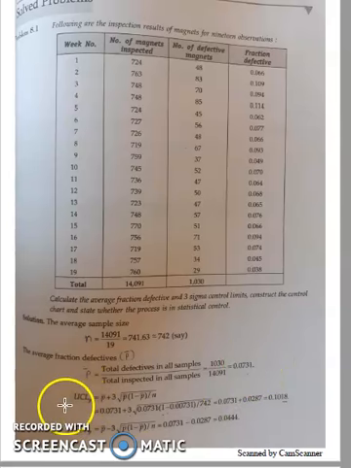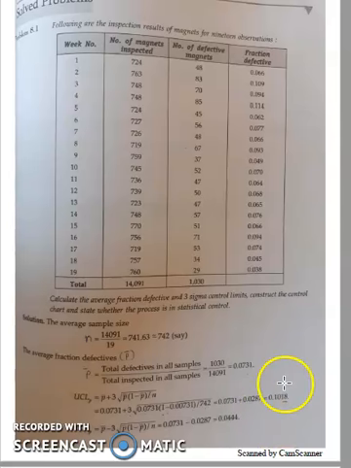Okay, after that, the upper control limit is equal to P bar plus 3 into standard deviation, 3 sigma, or P bar plus 3 under root of P bar into bracket 1 minus P bar divided by small n. Small n is the sample size, and after putting in these values you will get the UCL, the upper control limit for P bar.